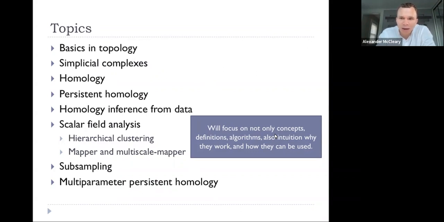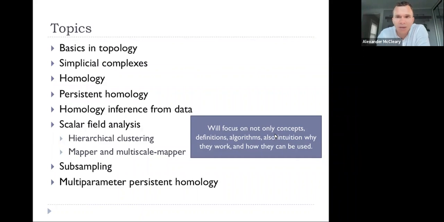And then we'll look at how we can use persistent homology to infer the homology of a space. So for example, if we have a topological space, or a metric space, and we sample from it, can we infer the topology of the original space from that maybe finite sample?